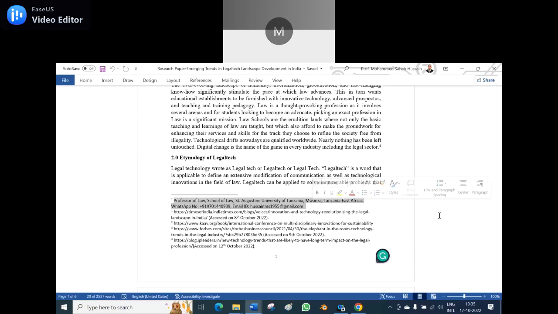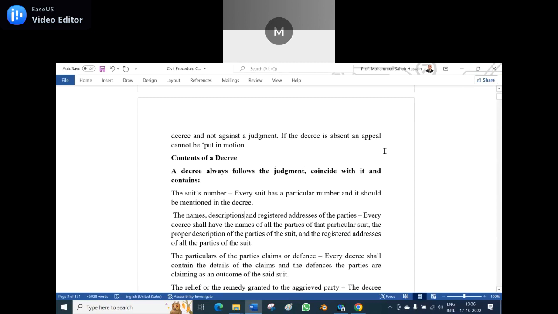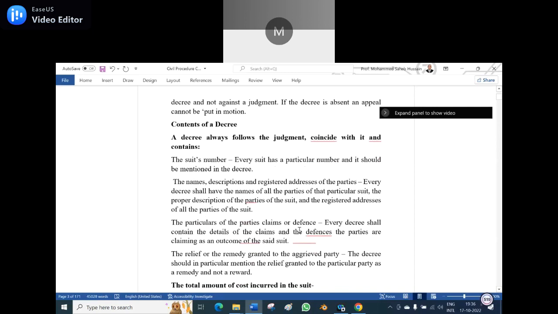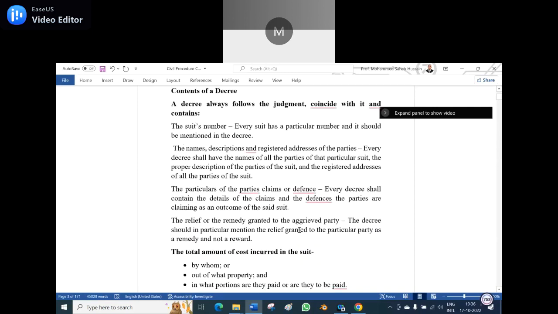Next, email. Email, sir. Why are you taking so much time to give the answer? So that is the way of giving the particulars. And for all the parties, you have to follow the sequence.